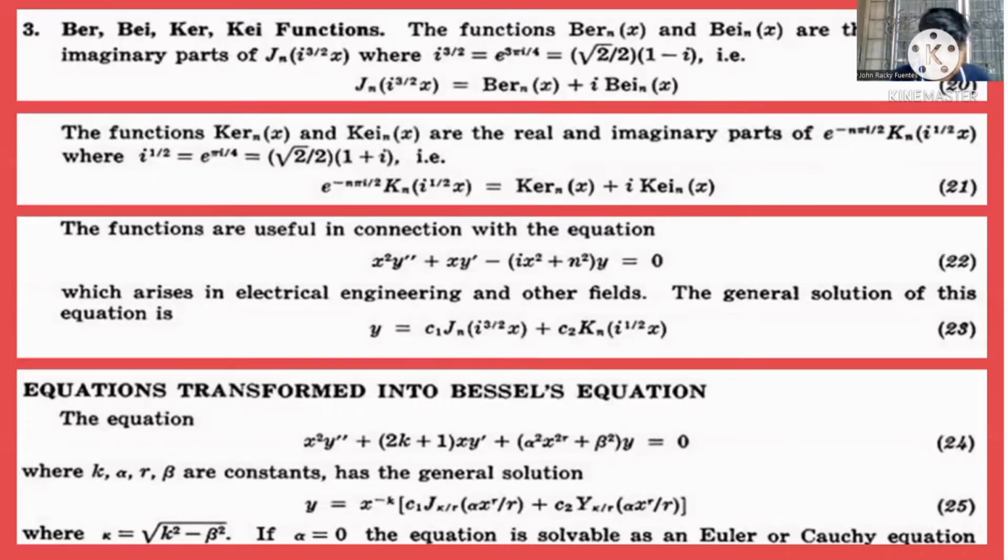If a equals to 0, the equation is solved as an Euler or Cauchy equation.